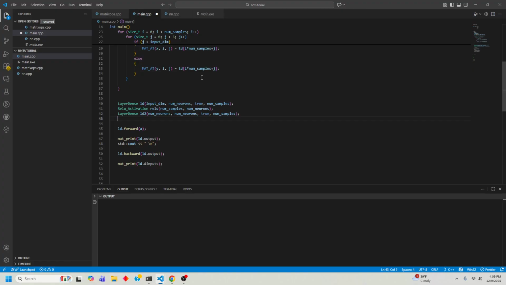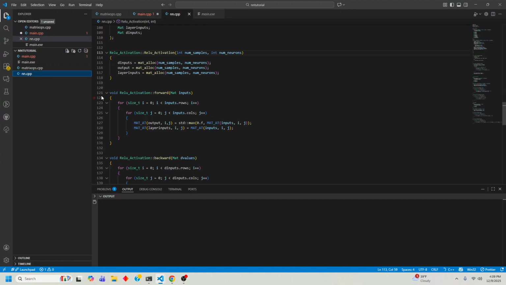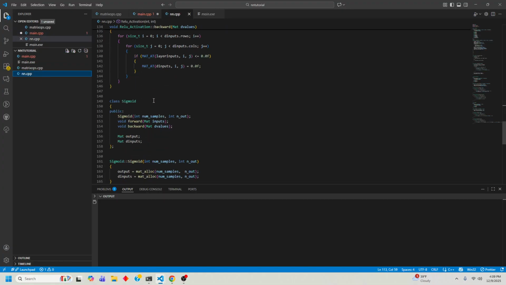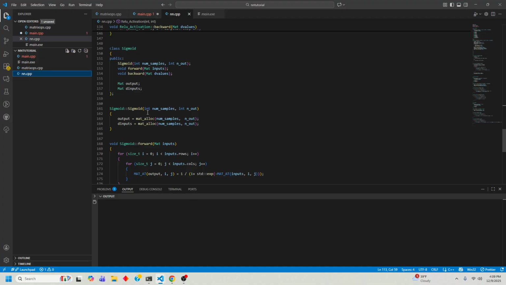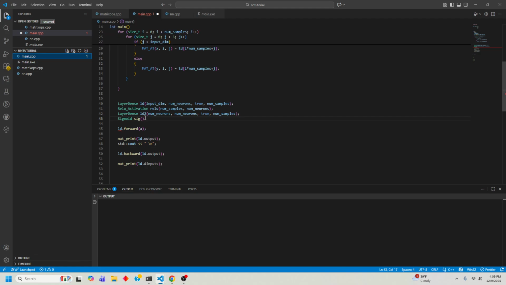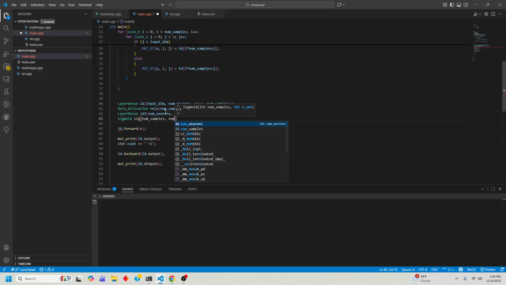And then we will round off with a sigmoid, which takes number of samples and number of outputs, which is number of neurons.